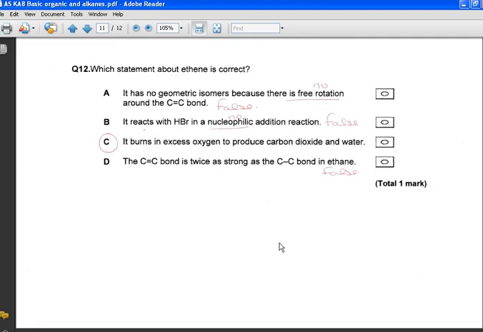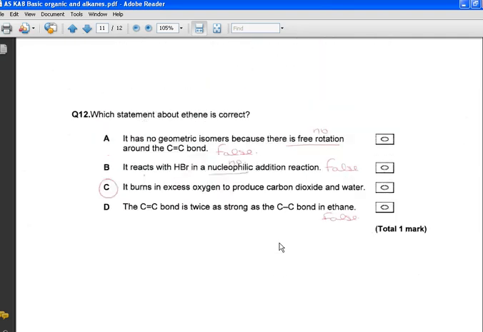And then another couple of questions. Which statement about ethene is correct? So really, you just have to go through them all, and if you know your alkenes, you know that there is no free rotation around the C=C bond, so we can discard that one. It does not react by nucleophilic addition. It has to be electrophilic because it's the double bond that is attractive.